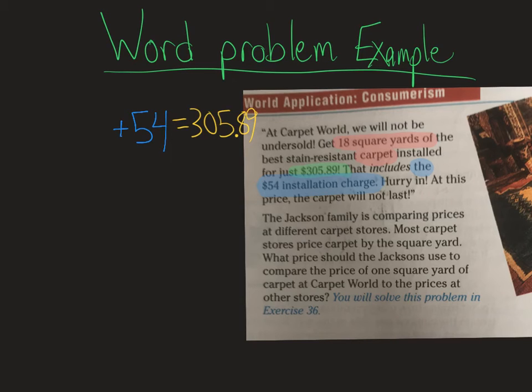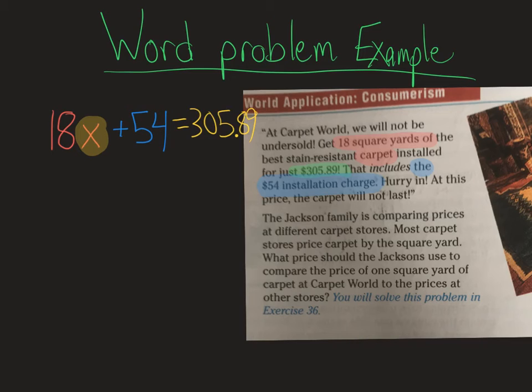I'm going to add $54 to the per yard cost to get the 305. So the total has got an installation plus some carpet, and it's 18 yards of carpet times some unknown amount. We are trying to figure out what this place charges per yard for their carpet, and that's where that would go.